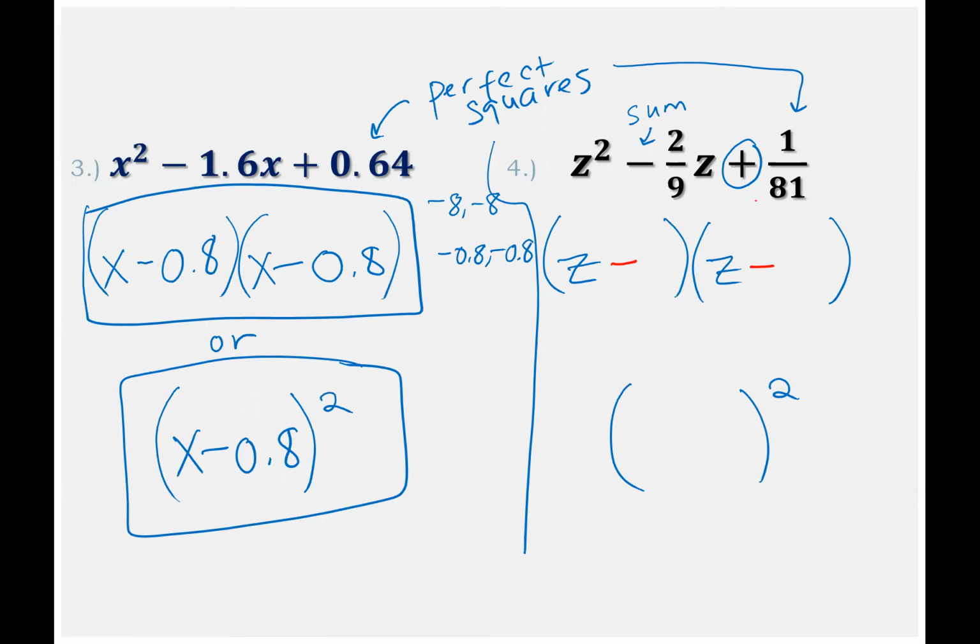Well, I need to come up with factors of 1 over 81. Here's what I want you to do. Break it apart into 2 problems. The numerator needs to multiply to 1. So in these 2 fractions that I'm about to fill in, the numerators need to multiply to 1. Well, it has to be 1 times 1. That's pretty much the only option in terms of factors of 1.